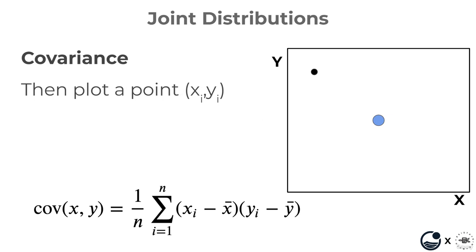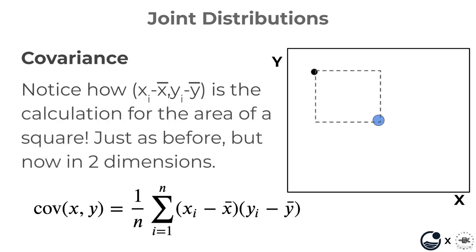Then you're going to go through each of your data points. So let's go through a single data point, x of i and y of i, and I'll go ahead and plot that out. Now take a look at the actual equation. This equation is just the area of a square in this particular case, and technically it could be a rectangle too. So before we had a perfect square, but this time we have a rectangle.